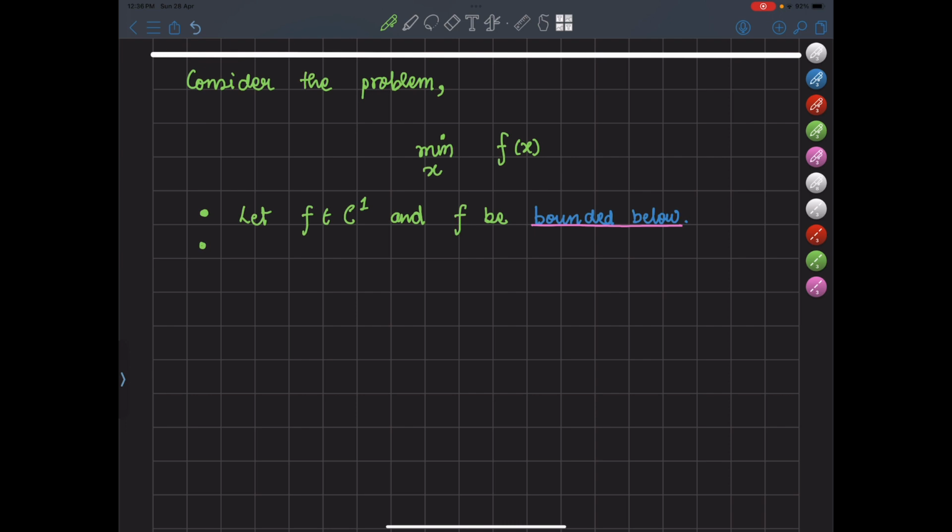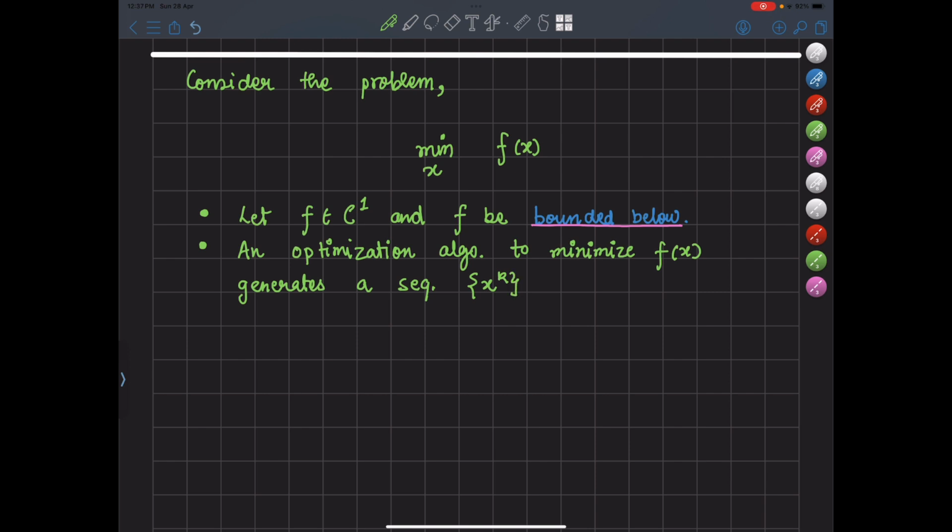Then the second assumption, or second observation you can say, is that an optimization algorithm is there to minimize f(x) and it generates a sequence of x's given by xk, where k is greater than 0.